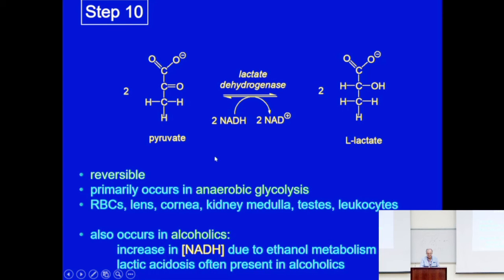If NADH increases in the cell because of overconsumption of alcohol, it's going to push the reaction from left to right. And therefore, alcoholics frequently have what is called lactic acidosis, a high amount of lactate in the bloodstream, which ends up somewhat in the tissue and bloodstream, and it can acidify the plasma a little bit. Okay.